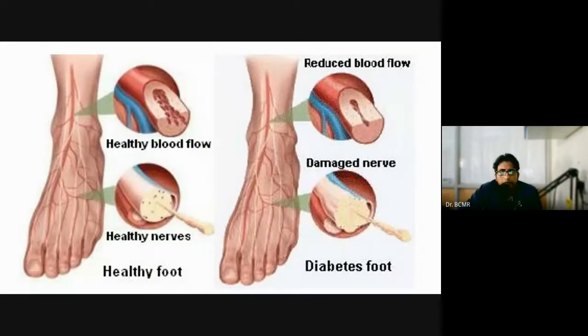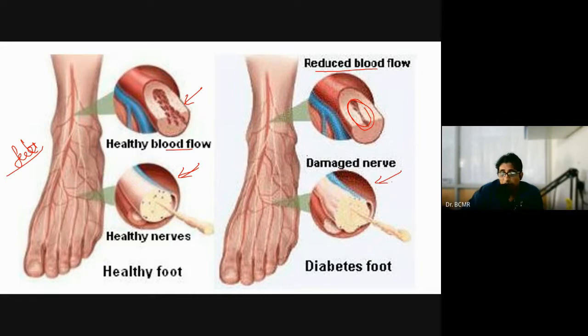So if we see the extremities, mostly that is the feet. A healthy foot requires two things. One is the constant blood flow and nervous stimulation from the nervous system. That is, the nerve should reach till the end. In cases of diabetes, the vascular lumen, or the blood vessels, narrow down, and the nerves are damaged.